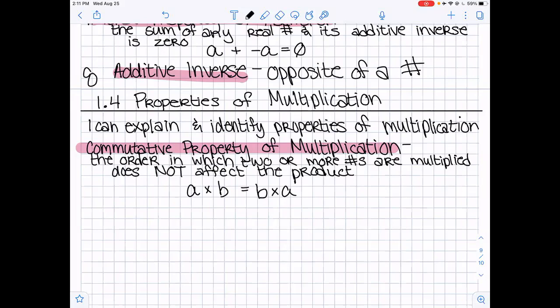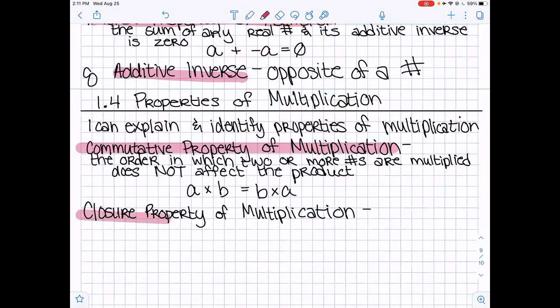The closure property. And we gotta highlight that, because you know, we highlight stuff.